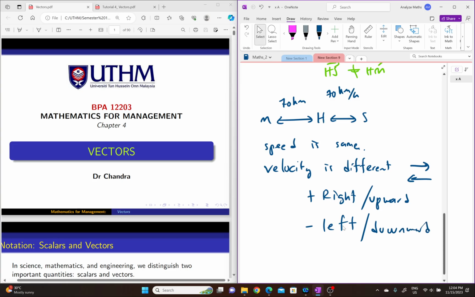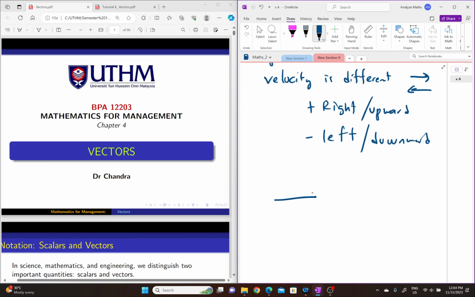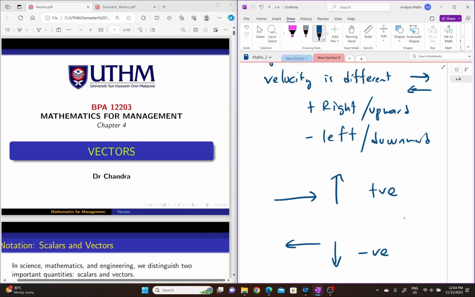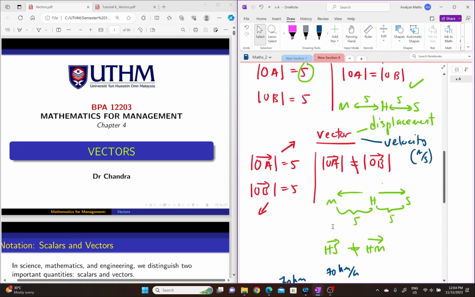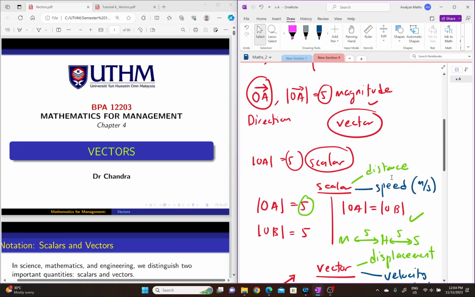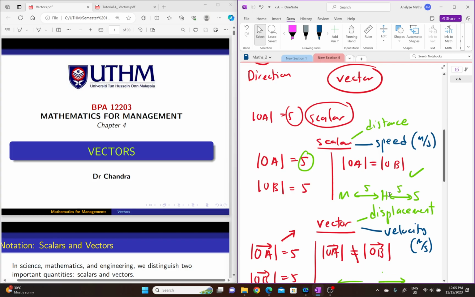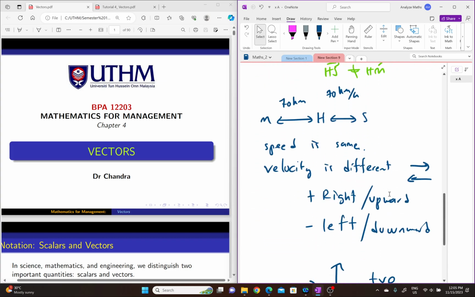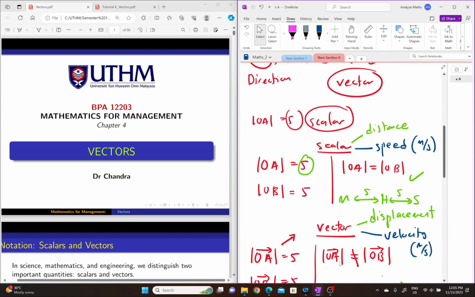So whenever a direction goes this way and this way, it is positive. Whenever the direction goes left, it is negative. So vector quantities have positive and negative. Scalars, like distance and speed, don't have this plus-minus thing. Okay, this is one difference between scalar and vector.